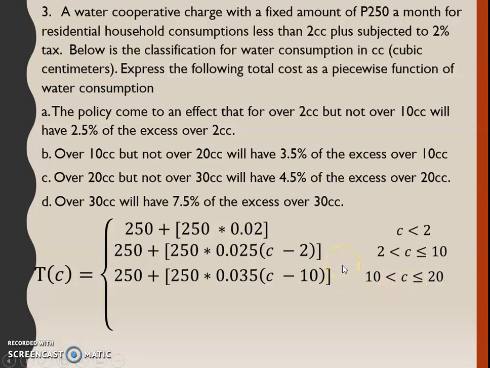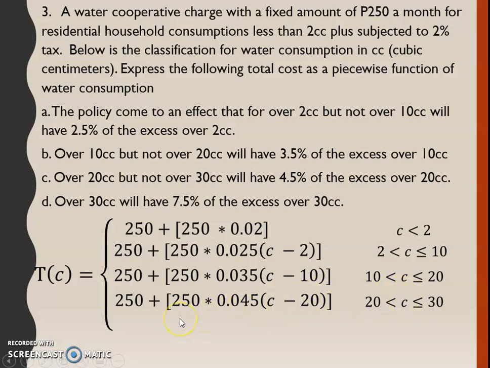Next, over 20 cc but not over 30 cc will have 4.5%. So you have 250 plus 250 times the percentage tax, 4.5%, times the difference of the excess in 20 cubic centimeters.